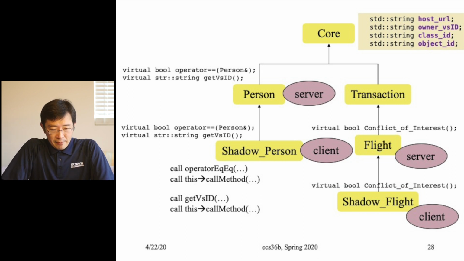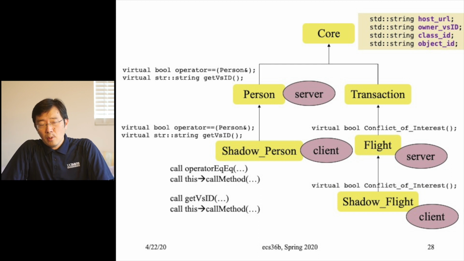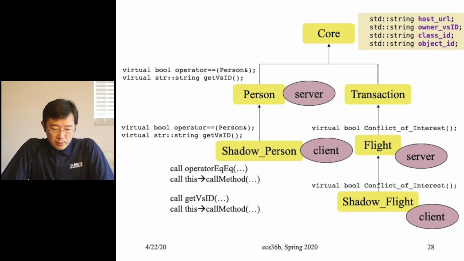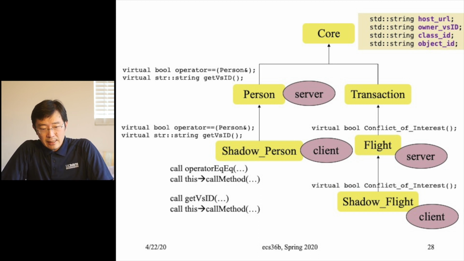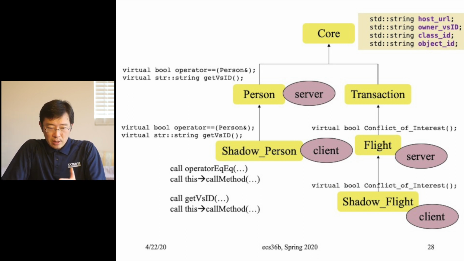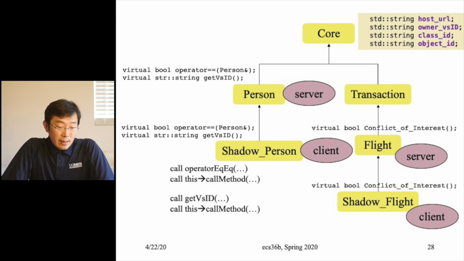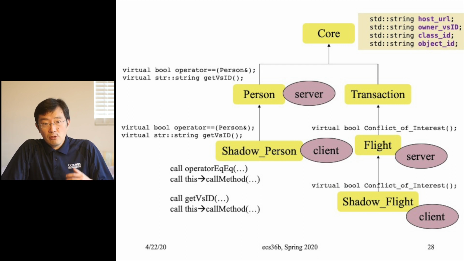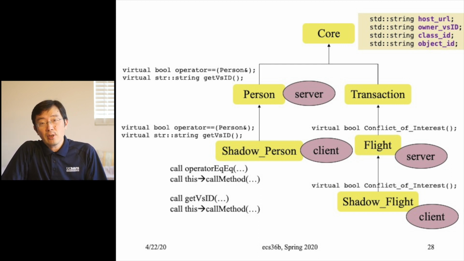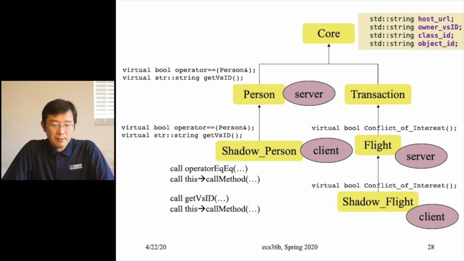But then on the Person side and Shadow Person side, I'm utilizing step 2, what you already developed for operator == and also for getVSID. And then you change the JSON to support all such functions. And then you build your server and client code to bring in different scenarios and test whether you can really handle all the cases.